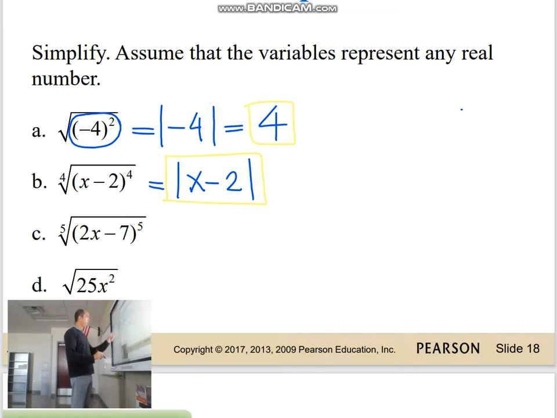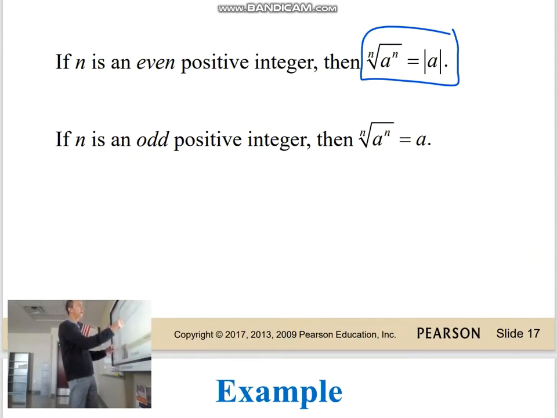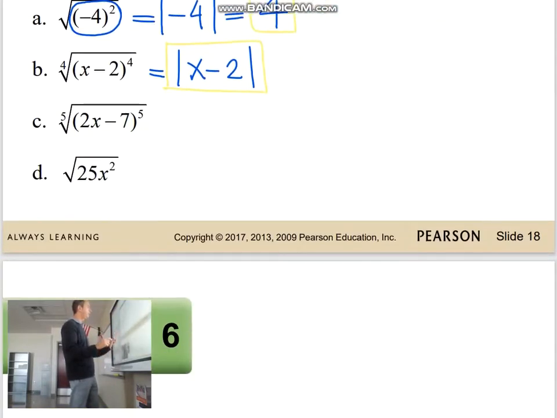The fifth root of the parenthesis 2x minus 7, the whole thing, exponent 5. And now we apply the second rule. If n is an odd positive integer, then the nth root of a exponent n equals a. That's it, equals a.